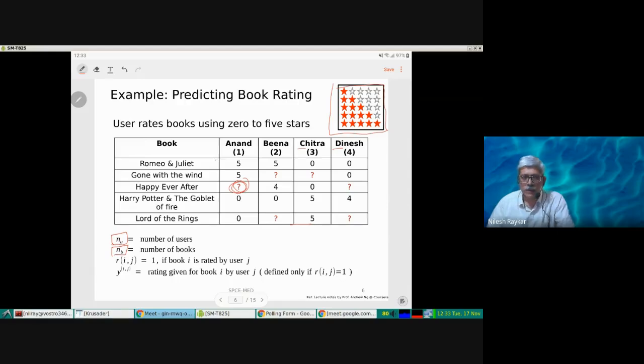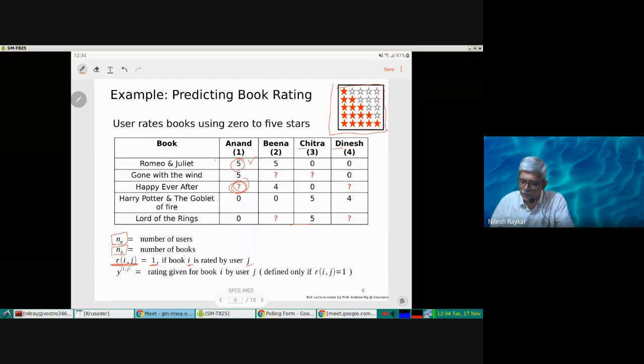Not all users are giving ratings to all books. That means a rating exists only for certain combinations of user and book pair. That is defined by the parameter Rij, whether the rating is given for book I and user J. If Rij is equal to 1, that means the book has a rating, and that rating corresponds to user J. For example, the pair 1, 1 has the rating, so Rij will be equal to 1.